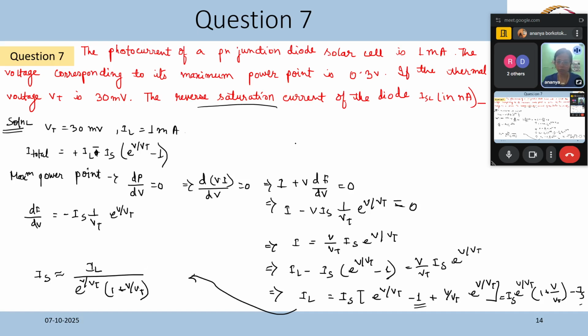Now we can calculate, right? We have the values, we know IL, we know V, this is 0.3, and Vt is 30 millivolt, so I can calculate everything. So this is 10 to the power minus 3, because this is 1 milliampere, and exponential 0.3 by Vt, 30 millivolts, so this is 0.03, 1 plus 0.3 by 0.03.